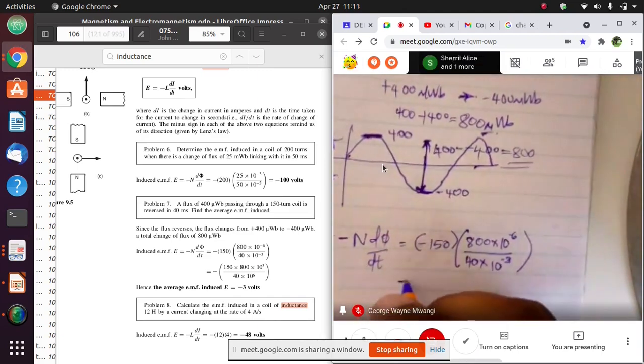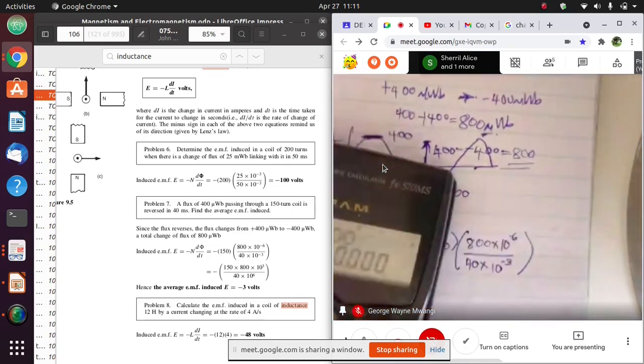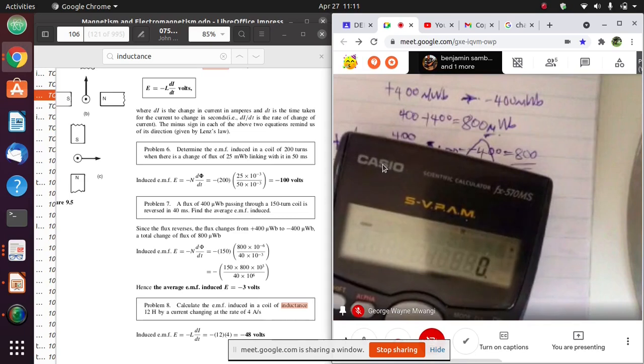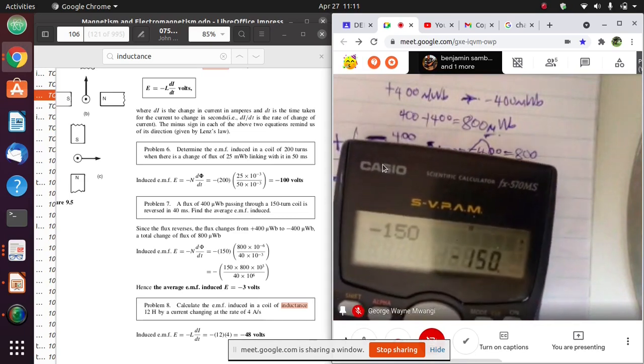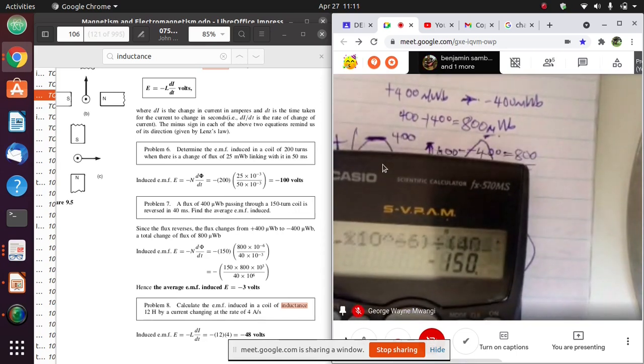Therefore, this gives us the EMF induced in that conductor will be negative 150 times 800 times 10 raised to power negative 6 divided by 40 times 10 raised to negative 3.